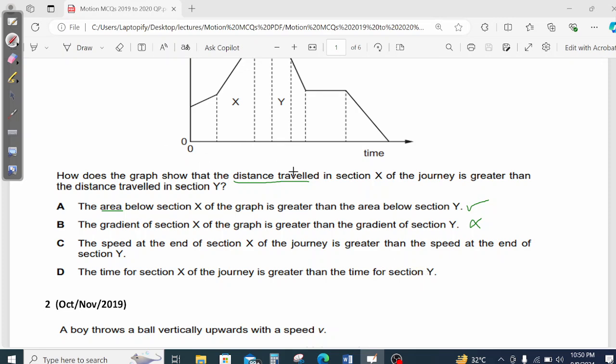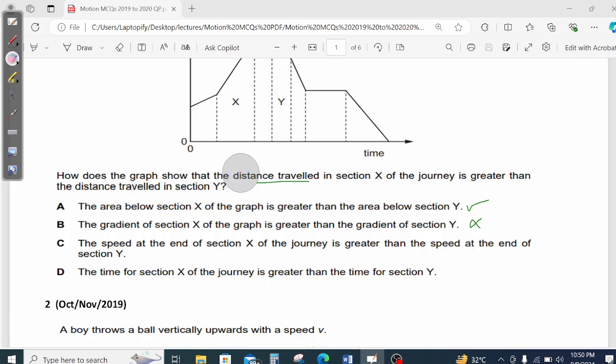No, distance is not related to the time in a speed time graph. We have to only focus on the shaded area, because the only parameter that can help to find out the distance is area. So the remaining options are wrong.